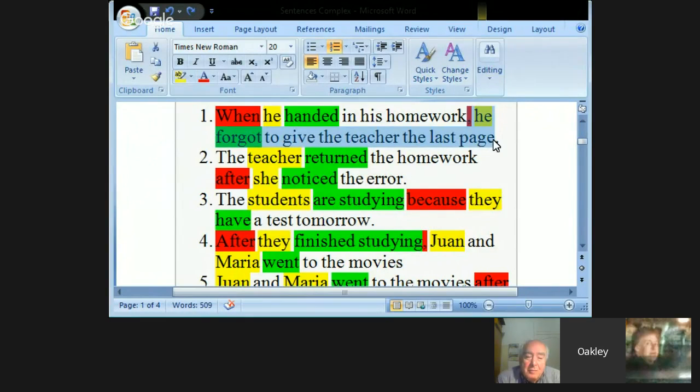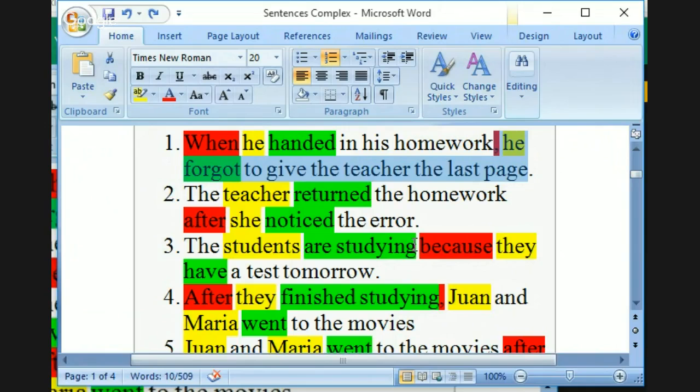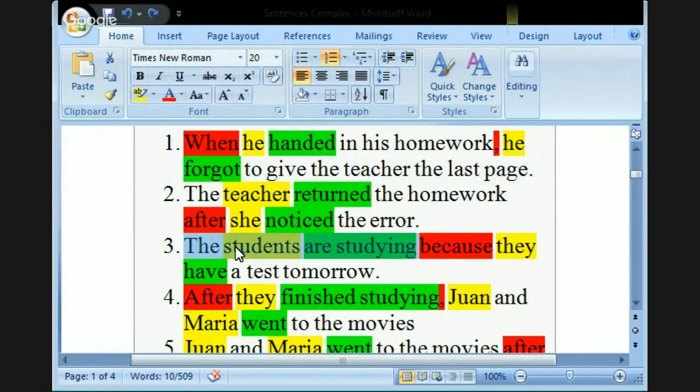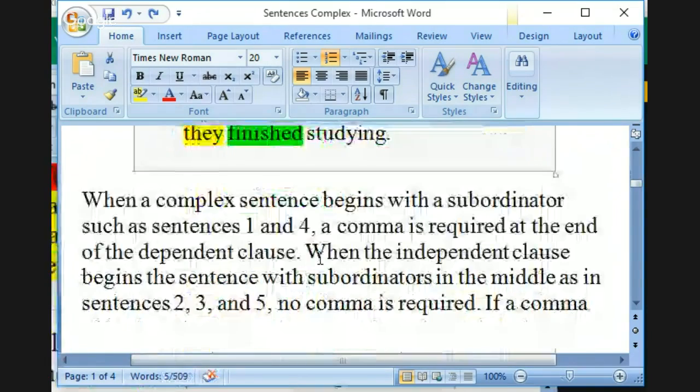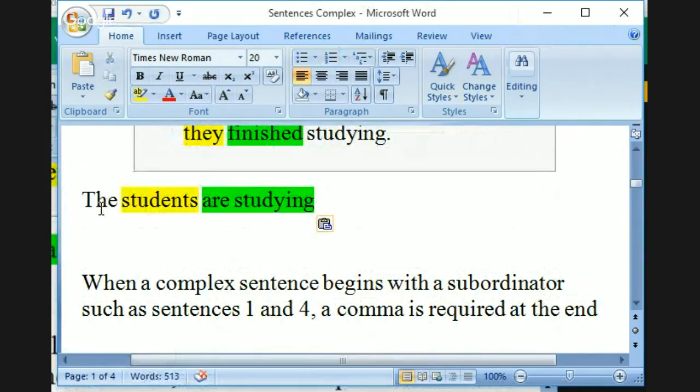There is no meaning in this sentence, no? Yes, I know the act of studying is the main thing in this sentence. But if you don't put because they have a test tomorrow, it has no meaning, no? It does have meaning. A simple sentence, students are studying. It's very strange to me. No, it makes sense.